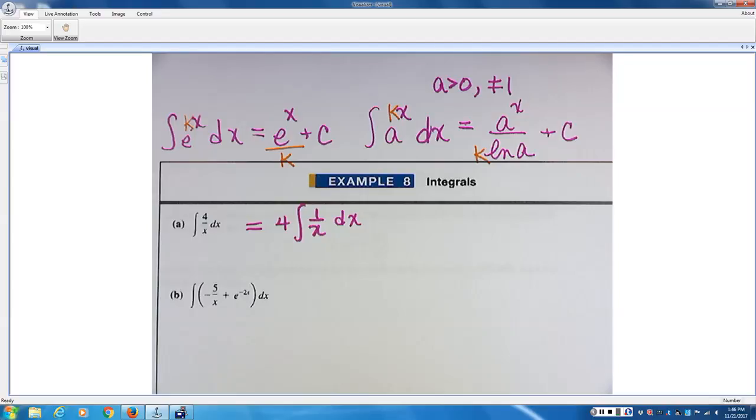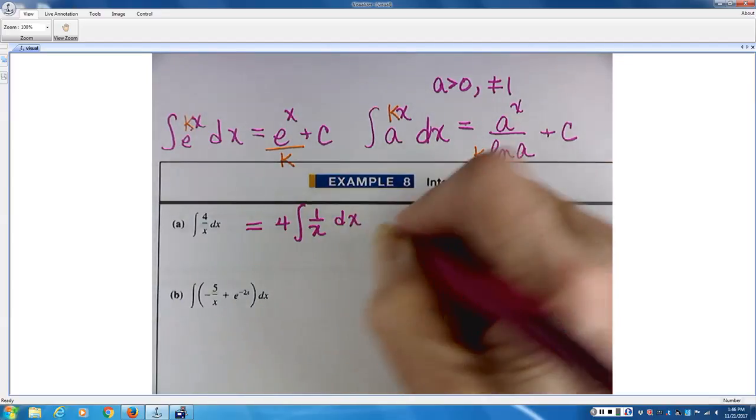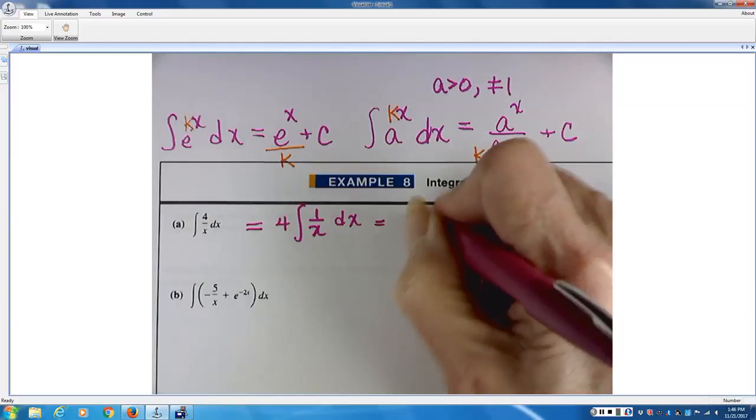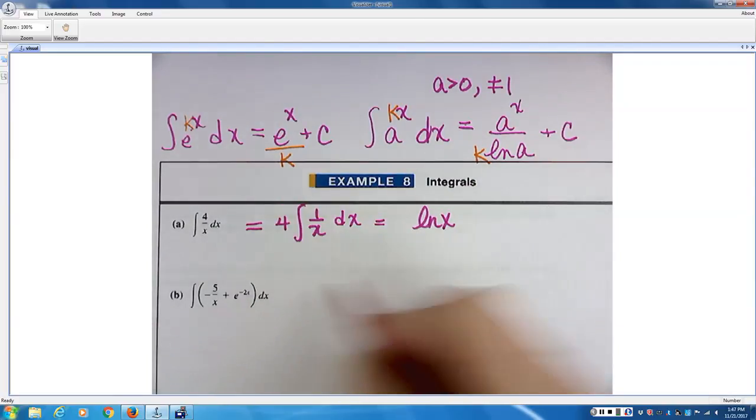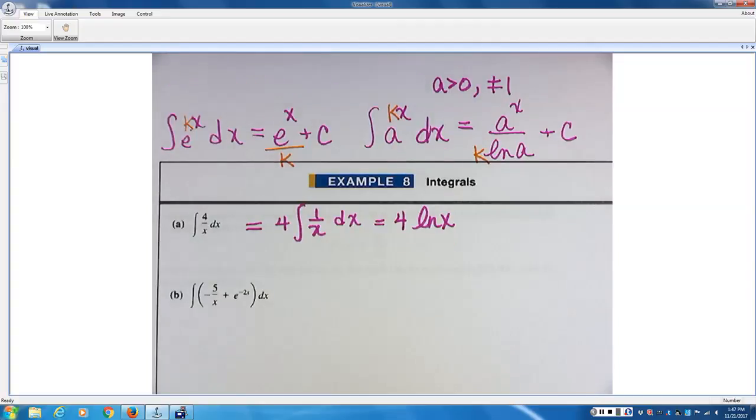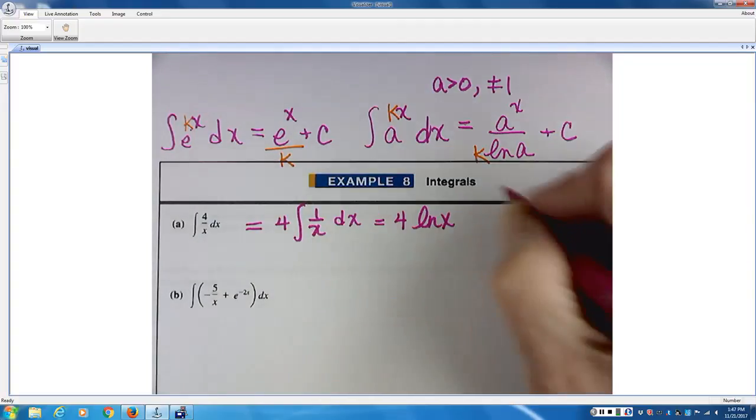And so the integral of 1 over x dx is the natural log of x. And you just bring that 4 along as a hitchhiker and multiply by it. And then you add your constant.